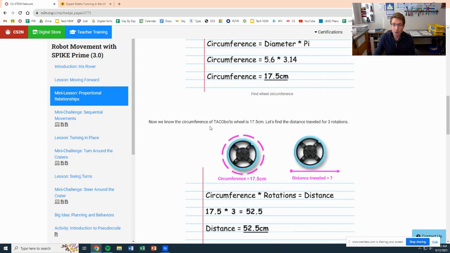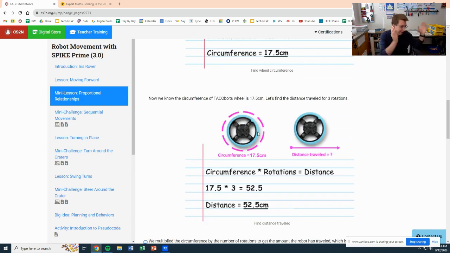Now, we know that the circumference of the TacoBot, or any robot you build with the LEGO Spike Prime, is 17.5. So if you take the amount of rotations that you code it to do, well, then you'll get the total distance traveled.